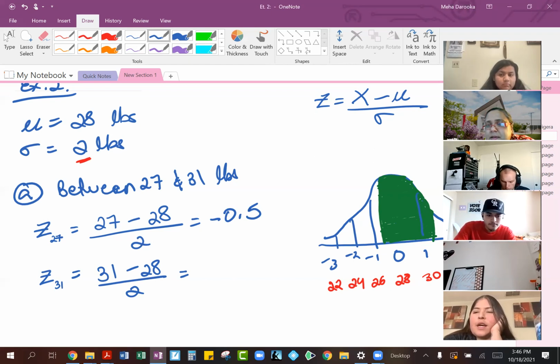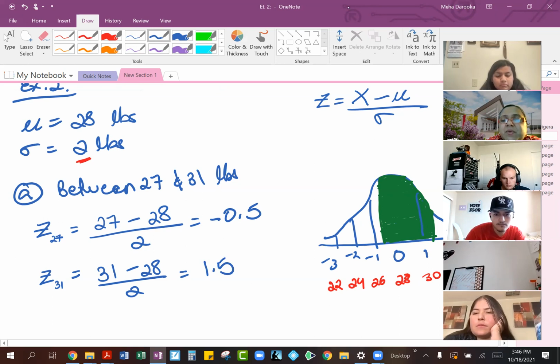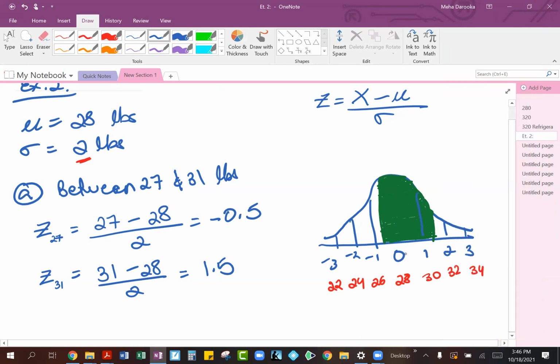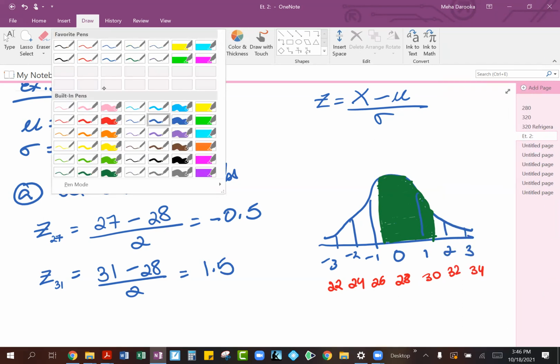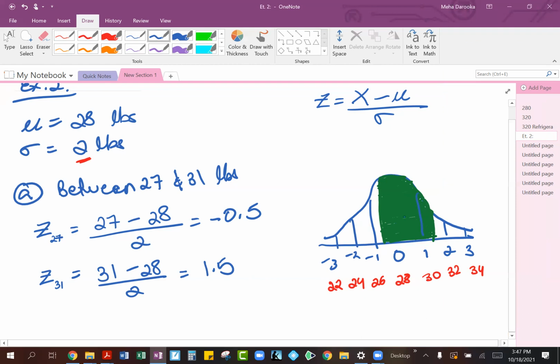For the second one, I got 1.5. Yeah, and if you look at our bell curve, these numbers were expected because look at where our 27 fell.